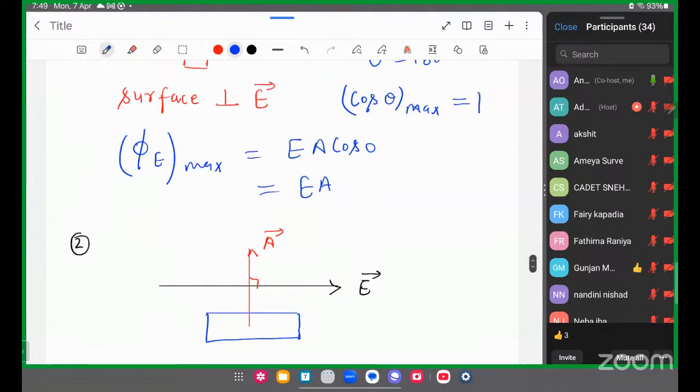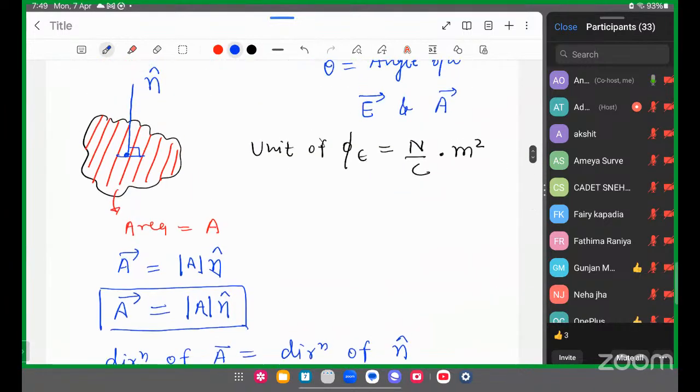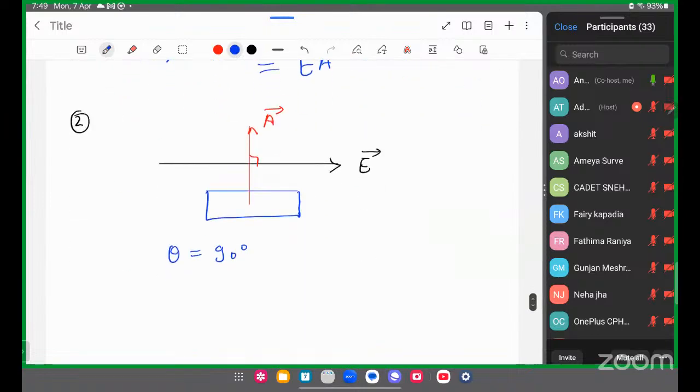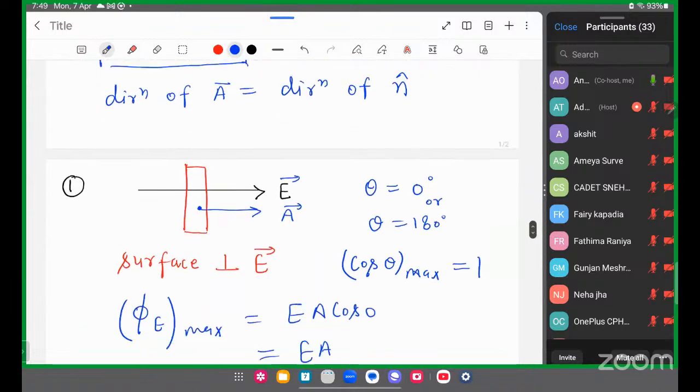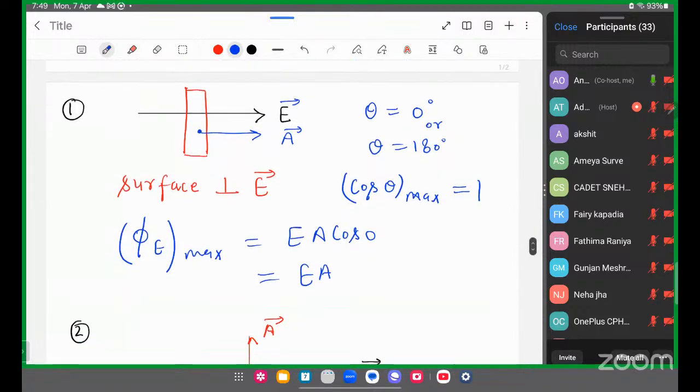Remember, theta is not the angle between surface and electric field. Theta is the angle between electric field E and area vector A. In this case, the angle between electric field and surface is 90 degree, but the angle between electric field and area vector is what we need in the formula.